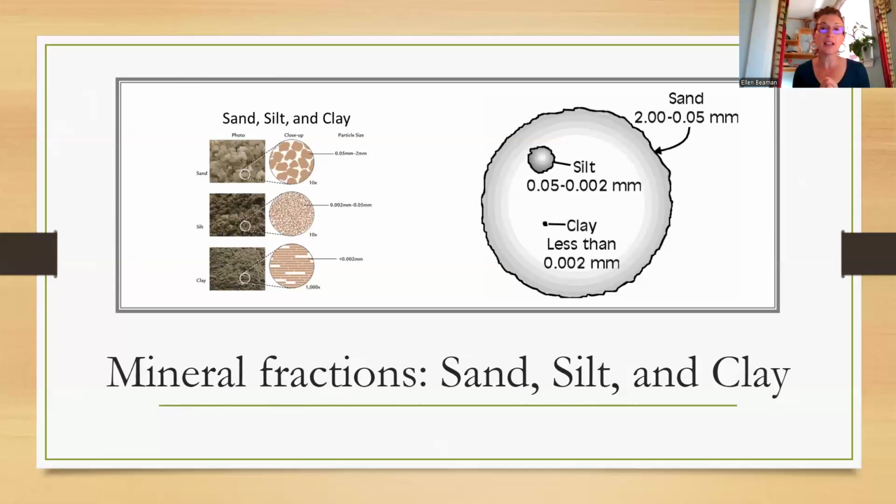So clay, you can see on the left-hand side of our screen, looks like plates or bricks stacked on top of each other. And while these two above it are 10 times magnification, this one at the bottom, this is 1,000 times magnification. Clay is tiny, tiny, tiny, tiny.